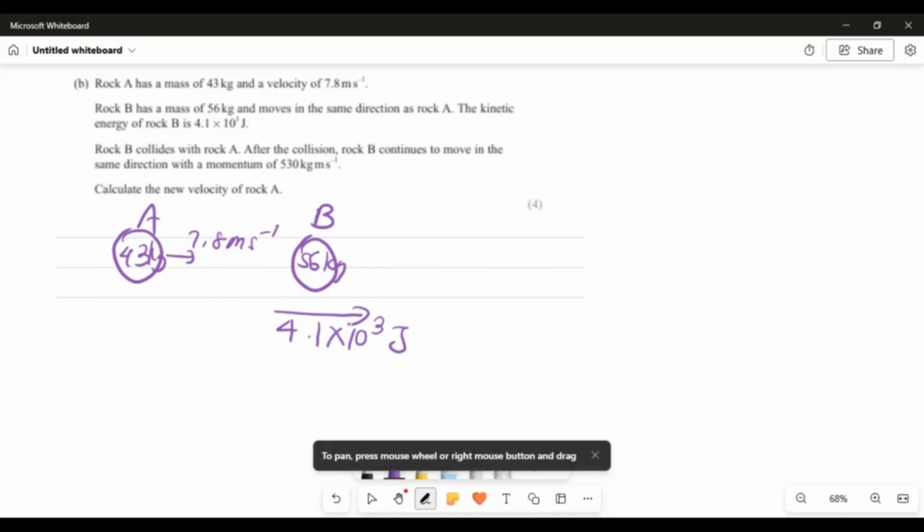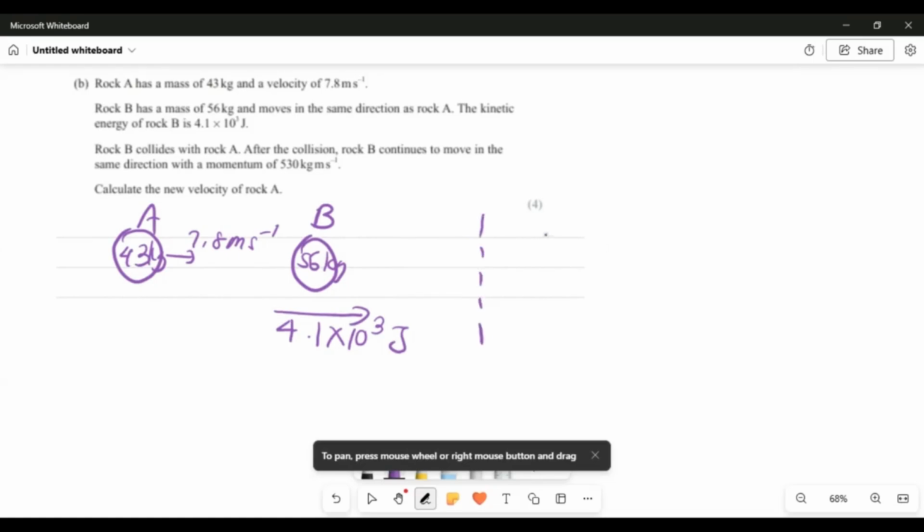Rock B collides with rock A. After the collision, rock B continues to move in the same direction with a momentum of 530 kilogram meters per second.